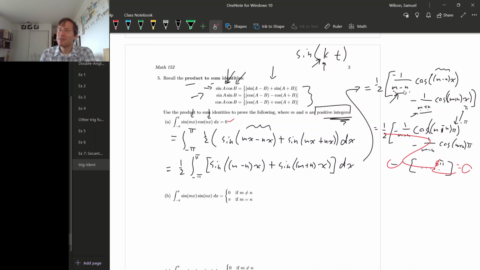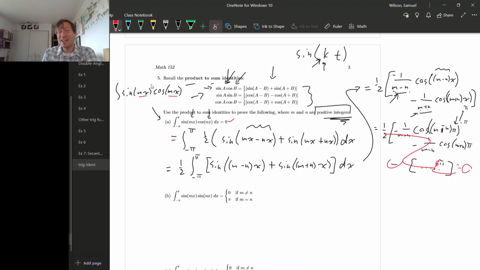Well, if m and n are the same, this integral was actually the integral of sine mx times cosine nx, but if m and n are the same, then we can put m here as well. And now the angle that's in both of these trig functions is the same.